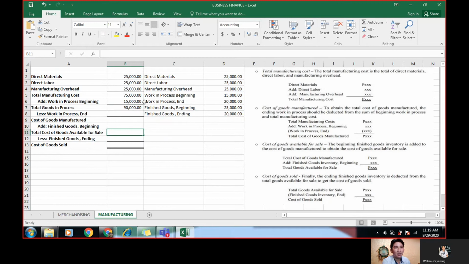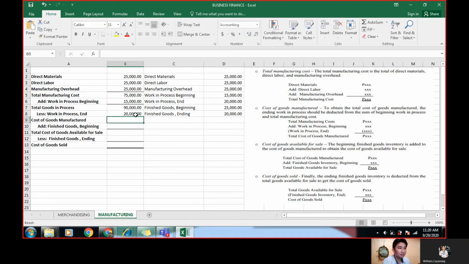Okay? So after which, we are going to deduct the work in process. Out from the 90,000, hindi lahat yan makokompleto during the current batch or period. So may mga iba sa kanila will be left partially completed. So out from the 90,000, ang work in process end lang or hindi na kompleto sa problem is 20,000.